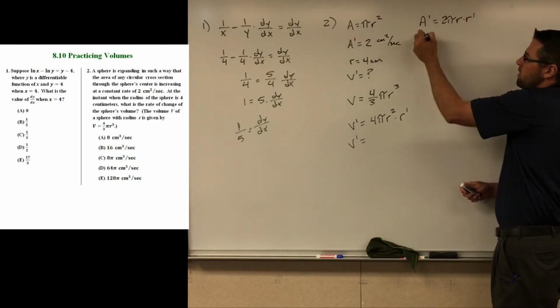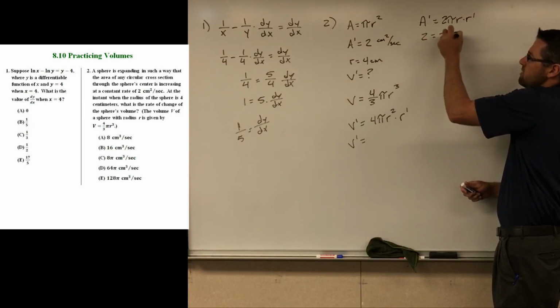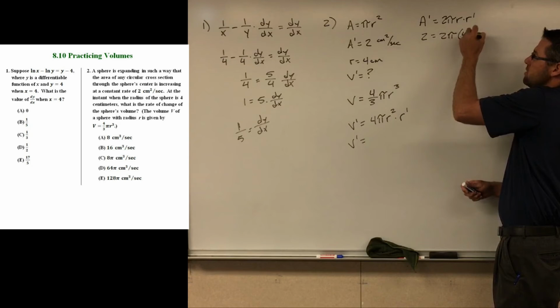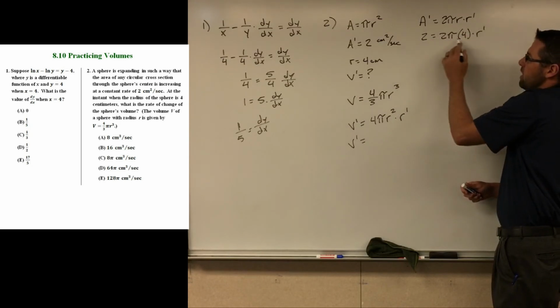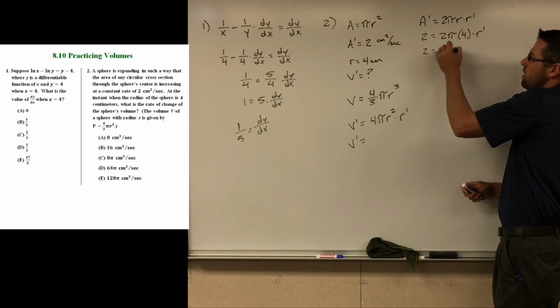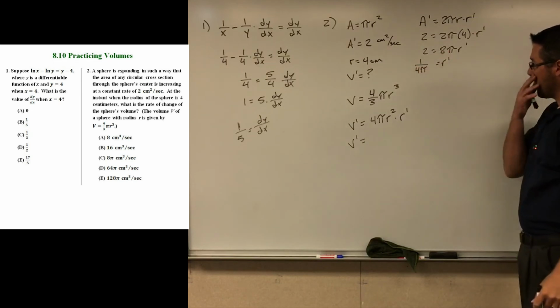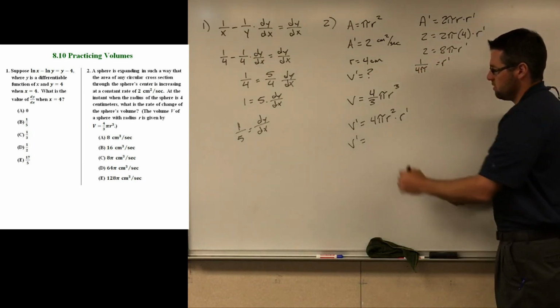And then we could plug in what we know there. So that's 2 equals 2 pi times 4 times r prime. So we got 2 equals 8 pi r prime. So r prime equals 1 over 4 pi. So we plug that in there.